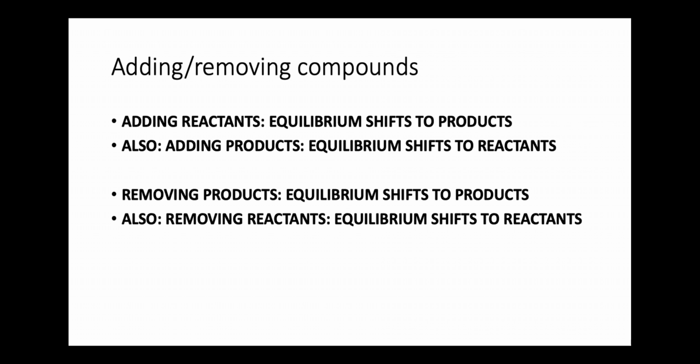When we add products, it goes to the other side, so equilibrium shifts to reactants. When I'm removing products, my reverse reaction is less possible, so my equilibrium shifts to products. The same applies for removing reactants: then my equilibrium shifts to reactants.